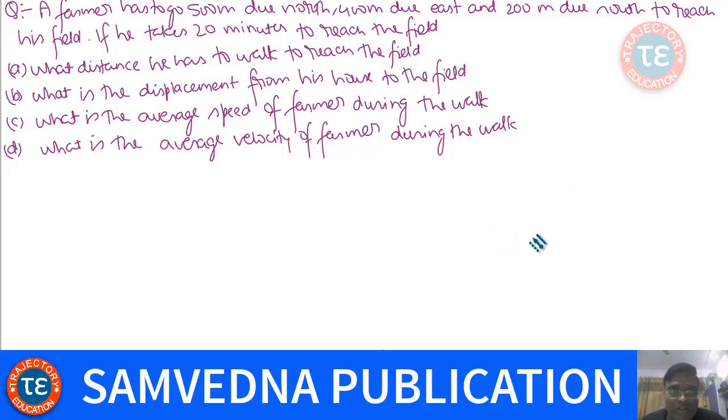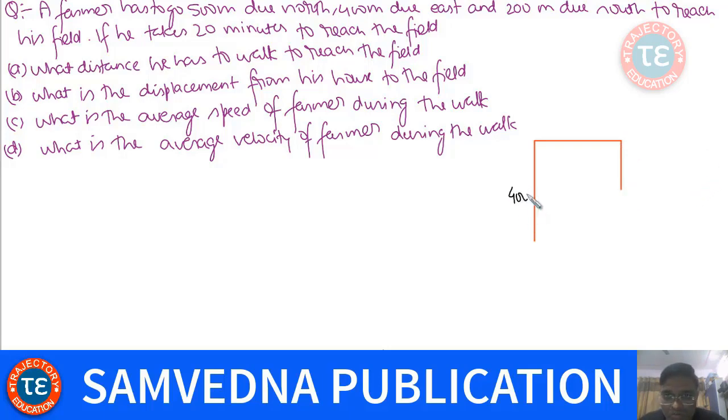The farmer is going due north 500 meter, and then he goes 400 meter east, and then he goes 200 meter south.